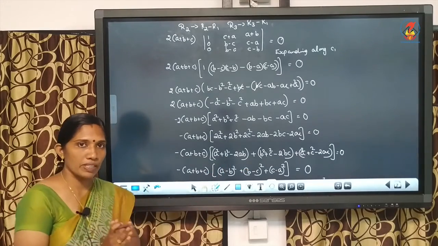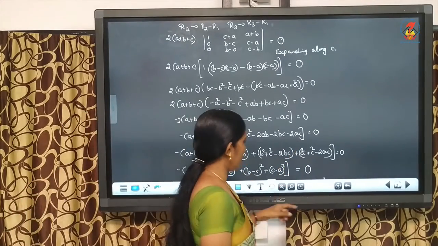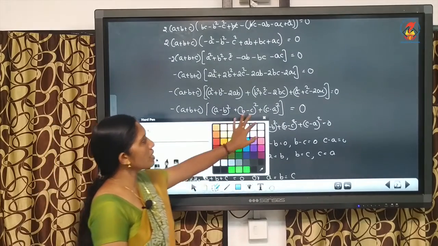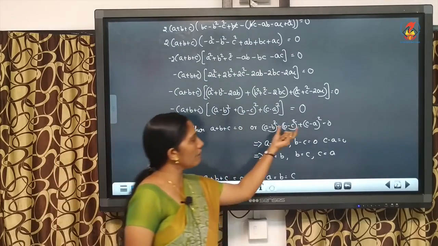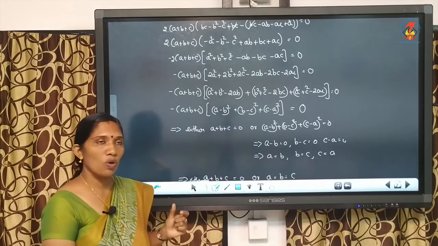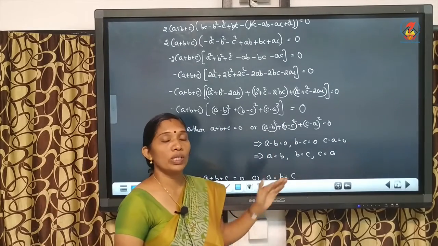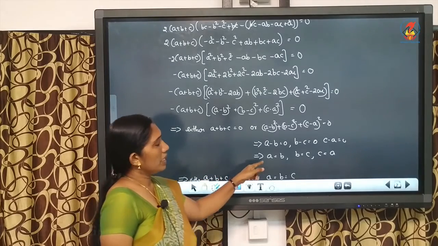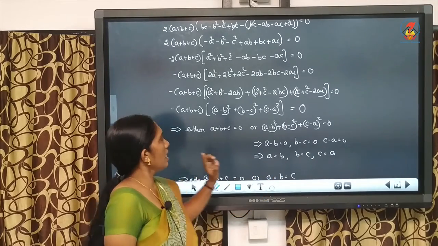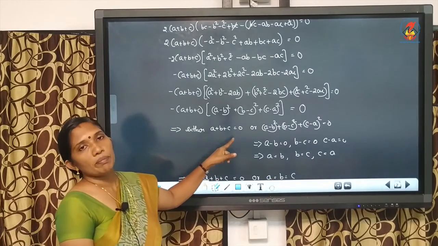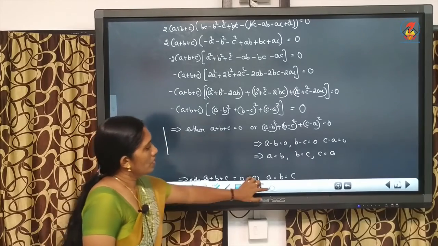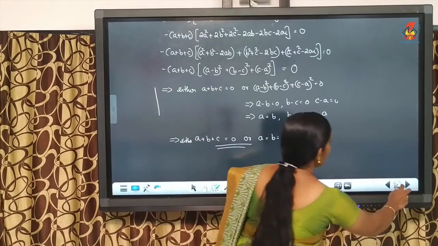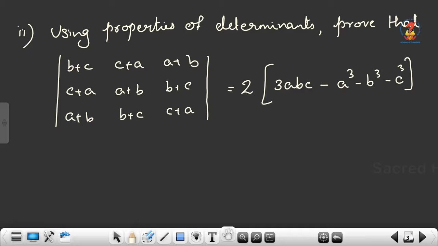So that becomes a perfect square, like that the second term and third term. So we get product of two factors equal to 0, meaning either the first factor is 0 or the second factor is 0. Second factor 0 means each term equal to 0, otherwise it is not possible since it is a perfect square. So from that we get a equal to b equal to c, and the second part is a plus b plus c is equal to 0.